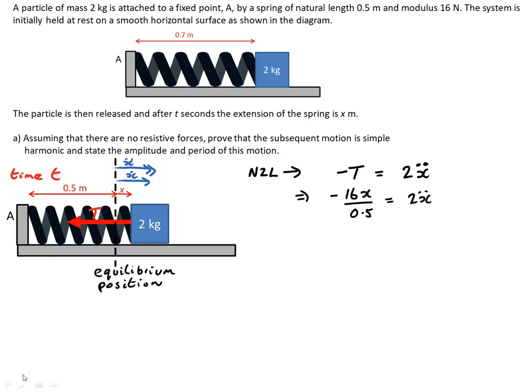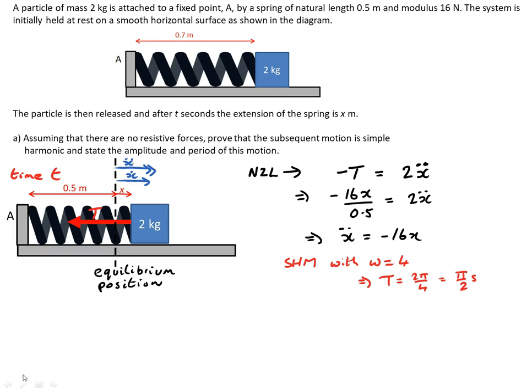So we've got minus 16x over 0.5 equals 2 times x double dot, which simplifies down to x double dot is minus 16x, which is exactly the equation of SHM with omega equals 4, which means that the period of the oscillation will be 2 pi divided by omega, or pi by 2 seconds.